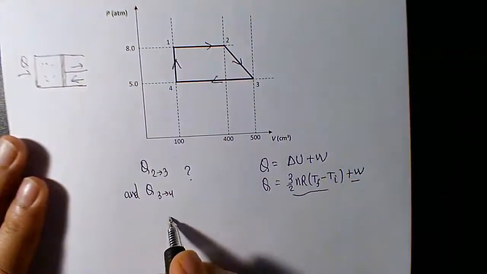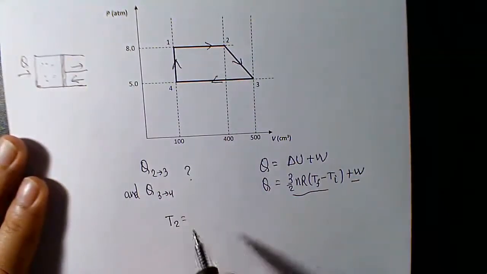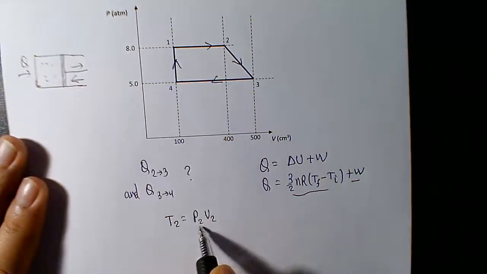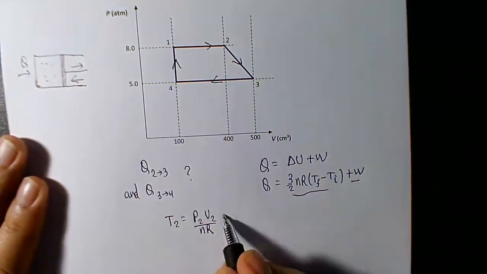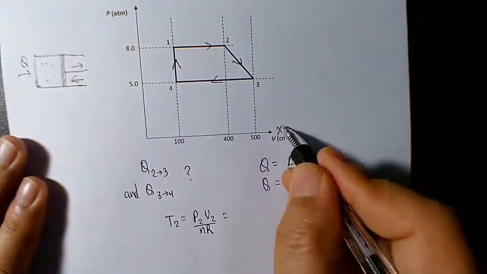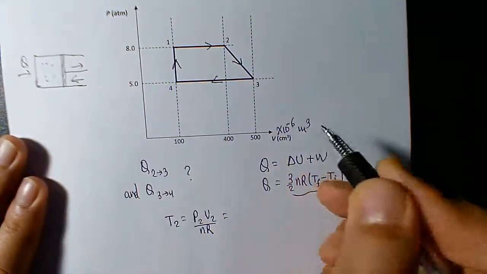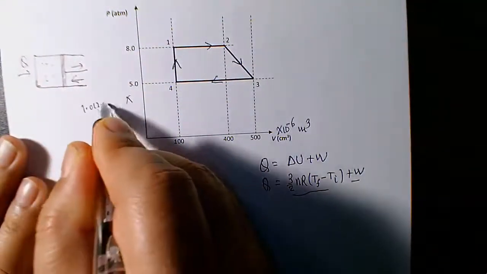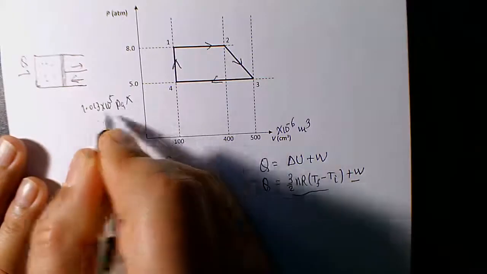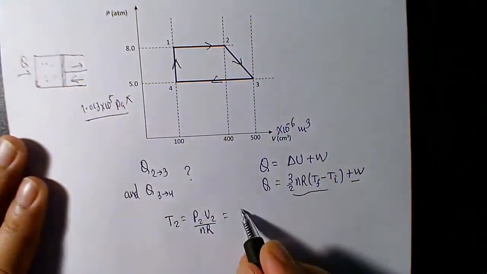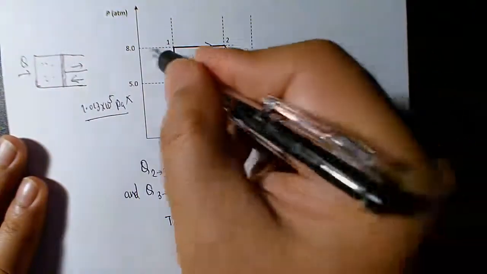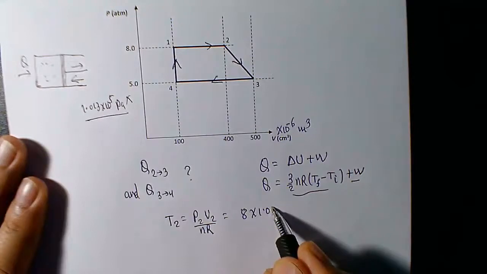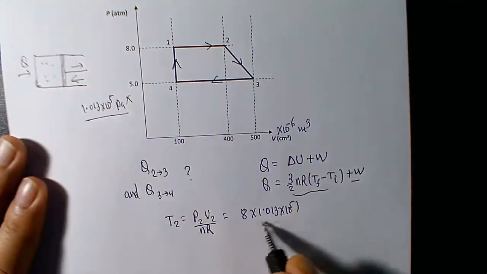So first find the temperature at 2, which is pressure at 2 times volume at 2 divided by nR. This is in cubic centimeters, so you have to multiply by 10 to the power -6 for cubic meters. This is in atmospheres, so you have to multiply by 1.013 times 10 to the power 5, because we want pascals. So the pressure P2 is 8 atmospheres, converted into pascals.